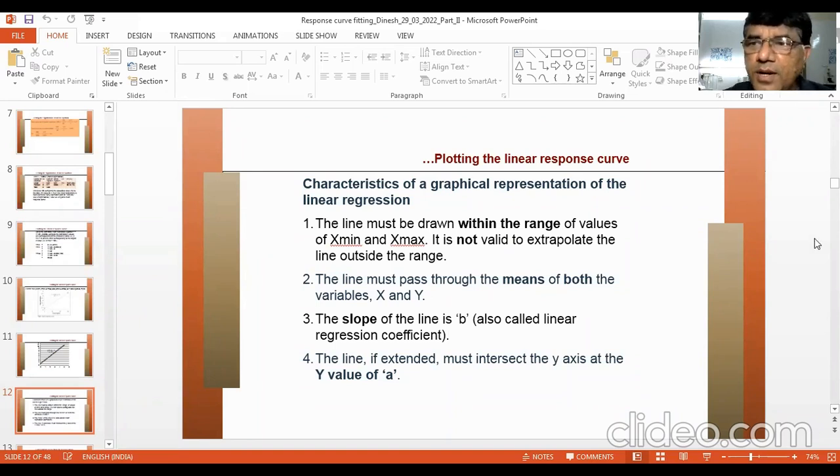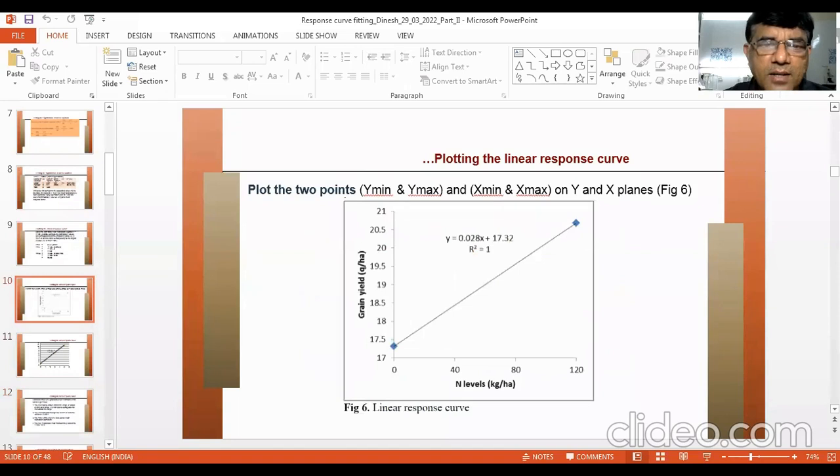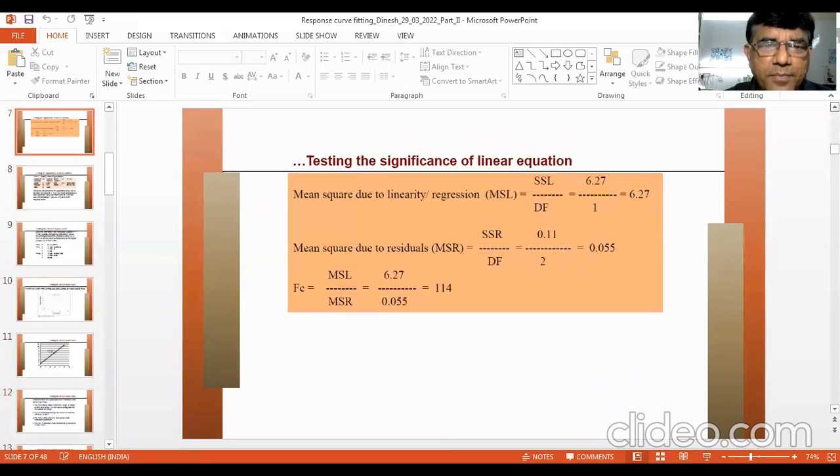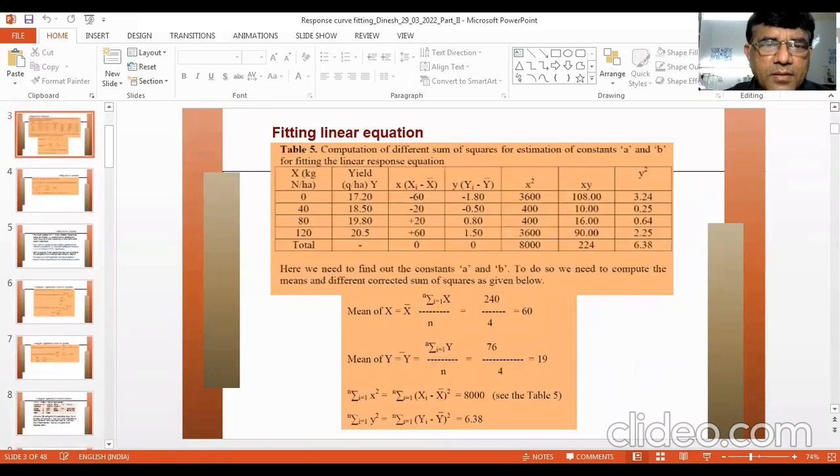Suppose your levels of fertilizer are from 0 to 120. So you can have the line from 0 to 120. You cannot extrapolate it. You cannot make predictions for 130 or 140 kilograms of nitrogen; you cannot extrapolate.